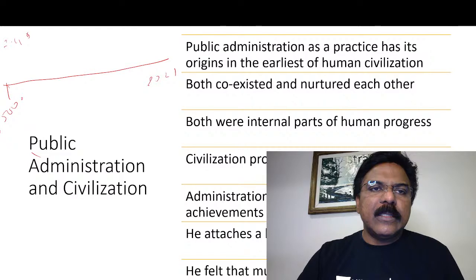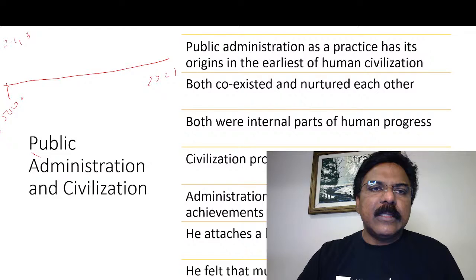But that's not part of the written history. So maybe around 5,000 years also they had. So public administration was there all throughout. But public administration as a discipline has been there only since 1887. So roughly 130 years. So this is a difference.